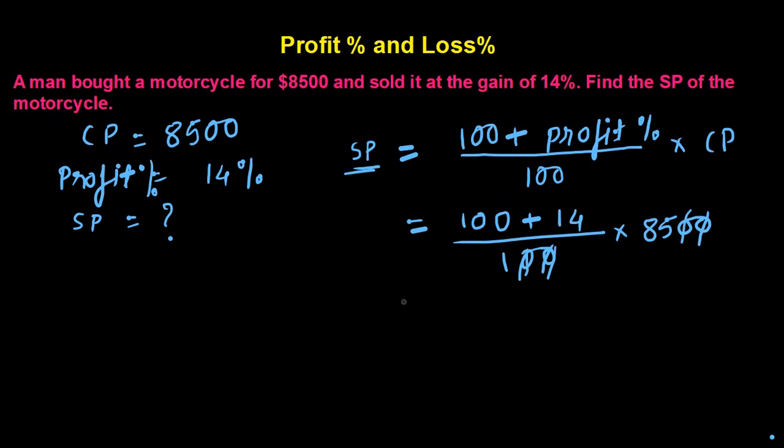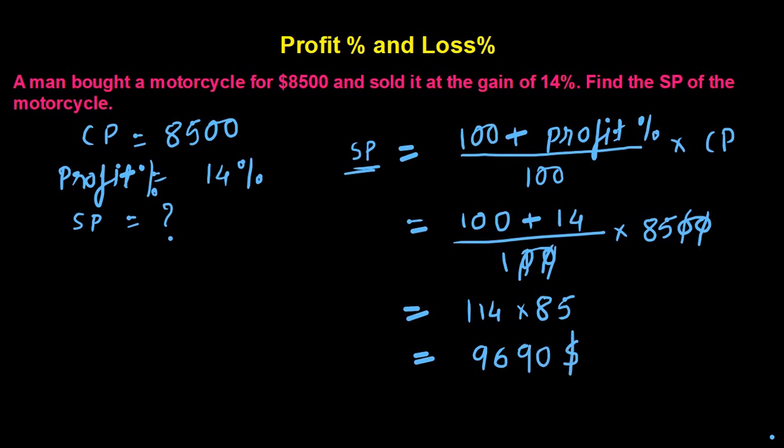And now what is remaining? 114 times 85. So if you multiply it, you will get the answer that is 9,650. 9,690, sorry, not 50. 9,690 dollars.